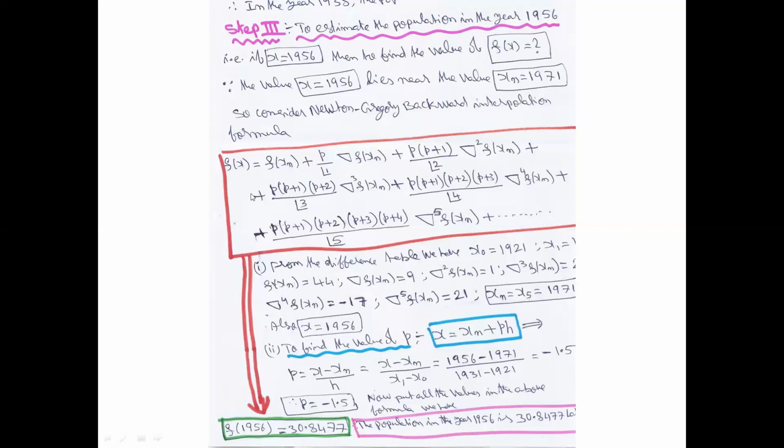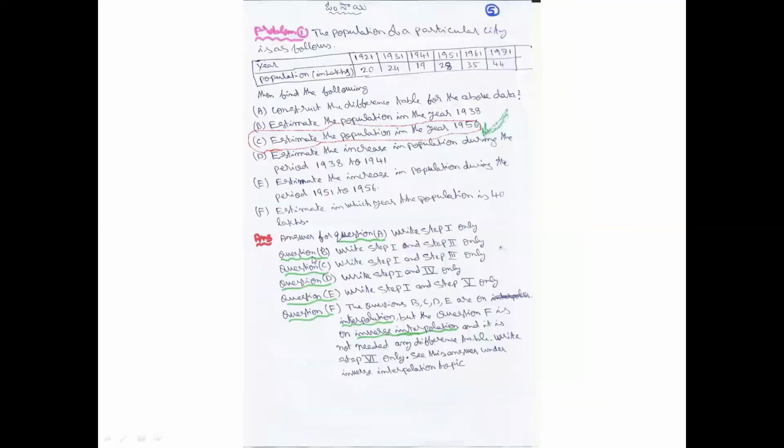This is the way of finding the value of the entry when the argument 1956 is given. Hence the problem. So this completes the explanation of this video.